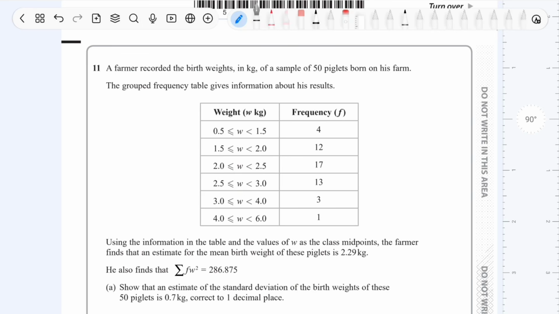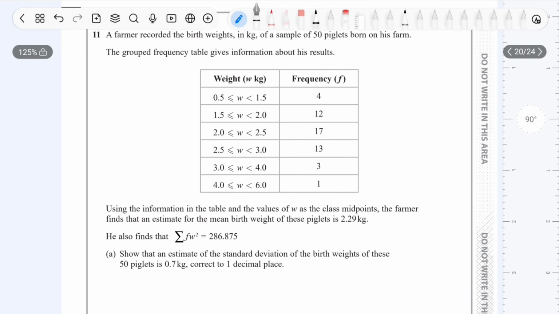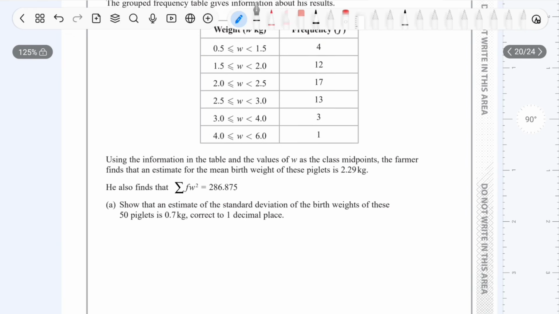A farmer recorded the birth weights in kilograms of a sample of 50 piglets born on his farm. The grouped frequency table gives information about his results. So we'll have our weights here in our class intervals, and they vary, and our frequencies in the other column.